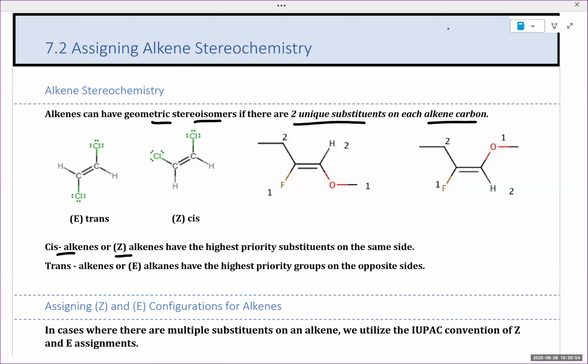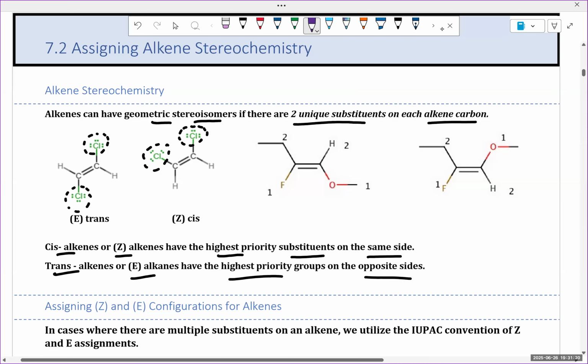Cis alkenes or Z alkenes have the highest priority substituents on the same side. For example, here the chlorine substituents are our high priority substituents. They're on the same side. This is a Z alkene. Trans or E alkenes have the highest priority groups on opposite sides, as observed in the following E alkene.